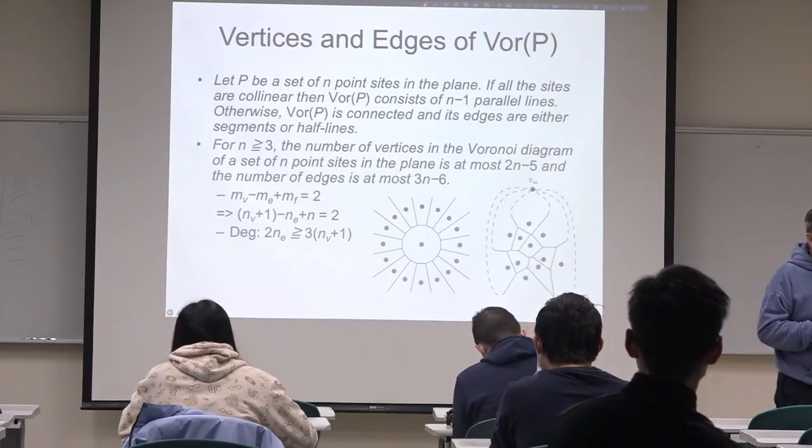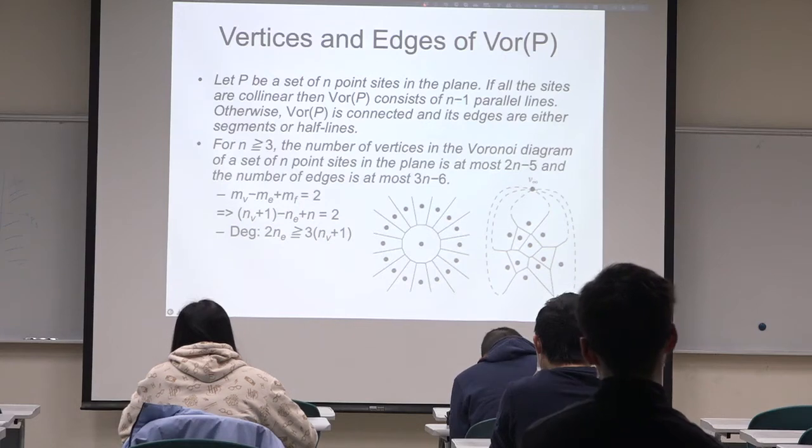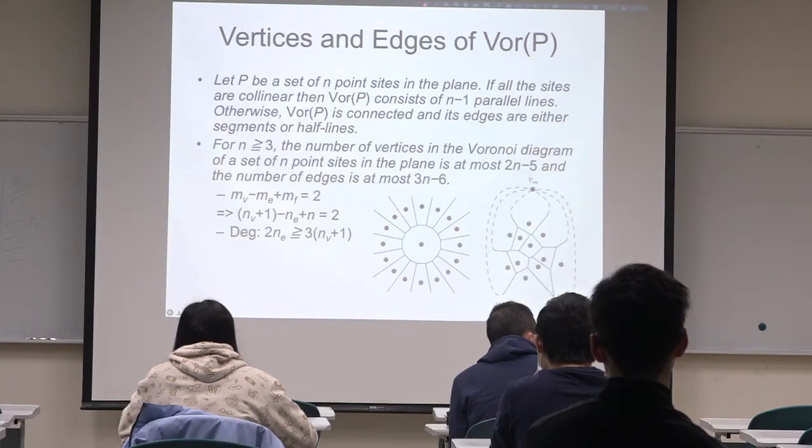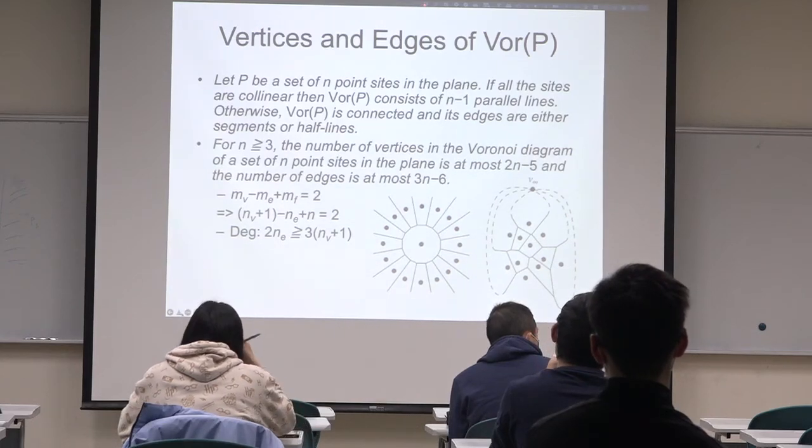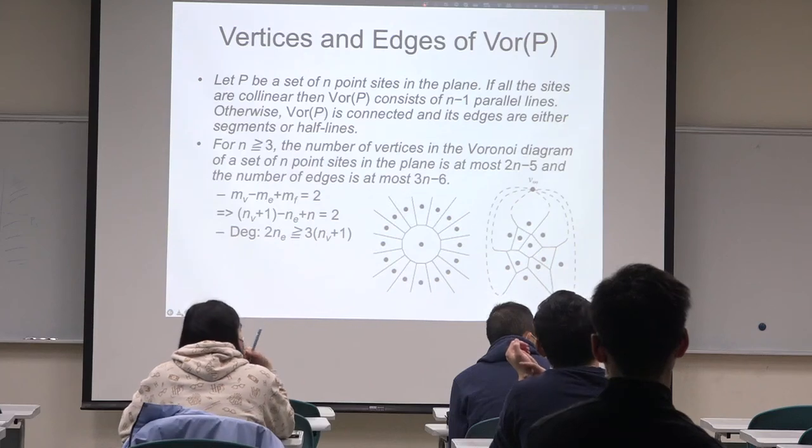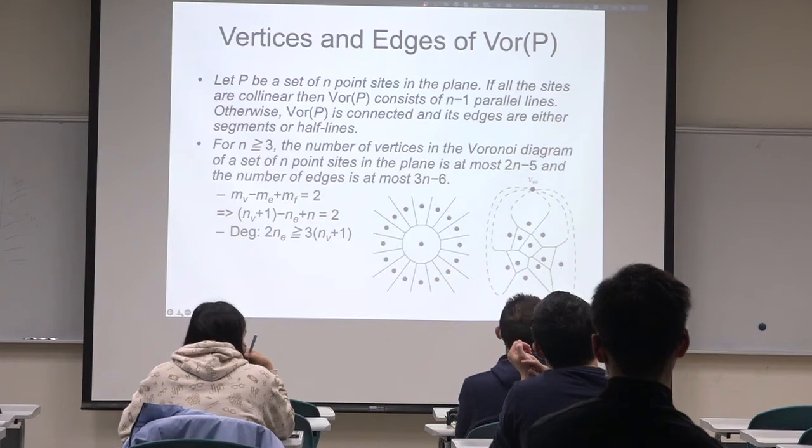You may ask, how can this happen? Because on a two-dimensional plane, you feel like if two half edges are going in different directions, shouldn't they be farther away from each other?